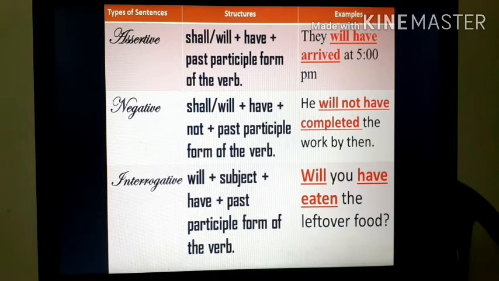Example, they will have arrived at 5 p.m. In negative, the structure is shall or will plus have plus not plus past participle form of the verb. In interrogative, the structure is will plus subject plus have plus the past participle form of the verb. To form the interrogative, the positions of the subject and the auxiliary are interchanged.